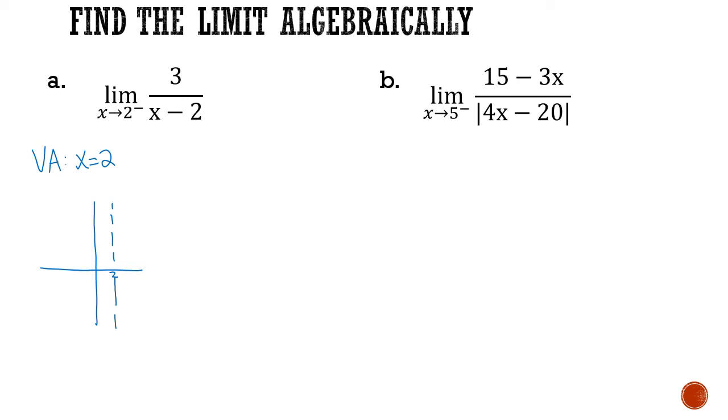So you have a horizontal asymptote at y equals 0, which isn't going to show up. But I'm going to do a quick sketch of what this function should look like. And so now I want to find the limit as x is approaching 2 from the left side of 2. And so I can follow that, and that is approaching negative infinity.